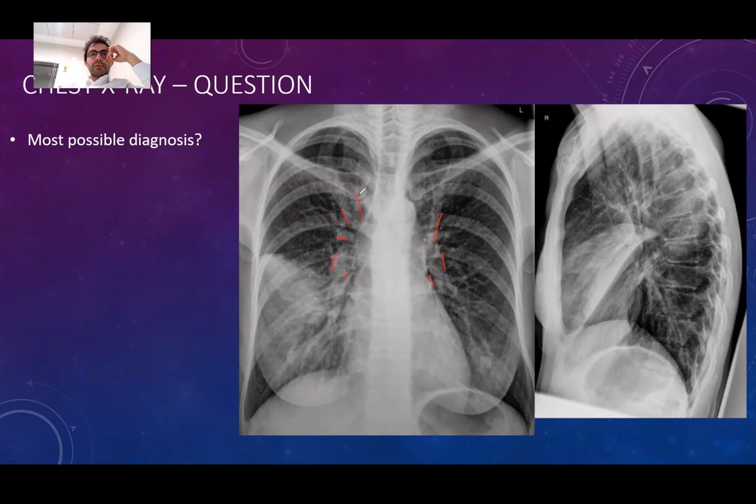What else? I see the bronchus, the bronchiole here. On the right lung, you mean, right? Yeah, on the right lung. You mean like air bronchograms? That's what you want to say?